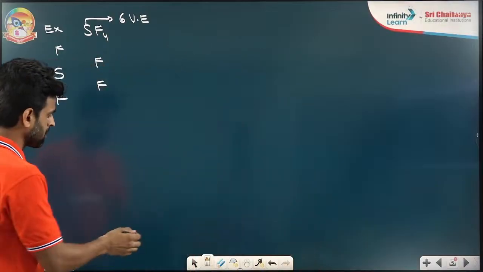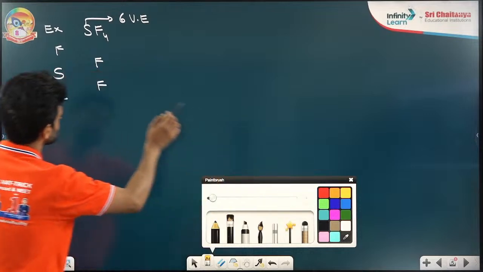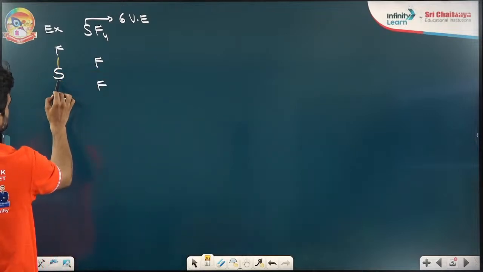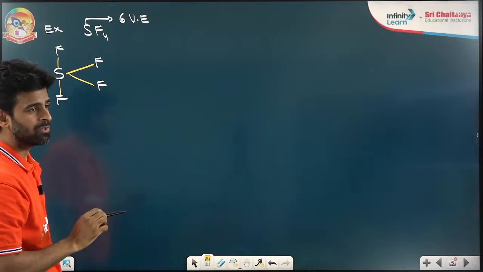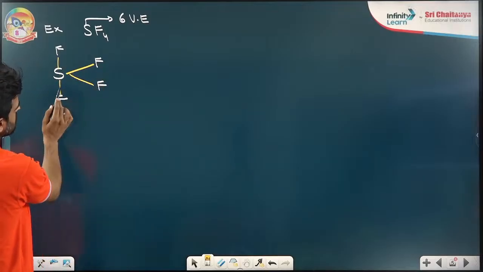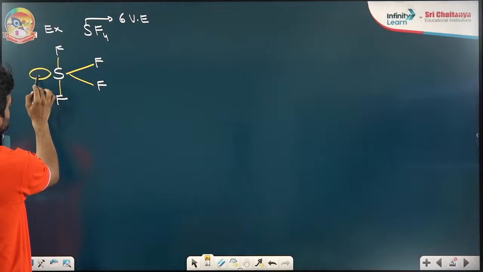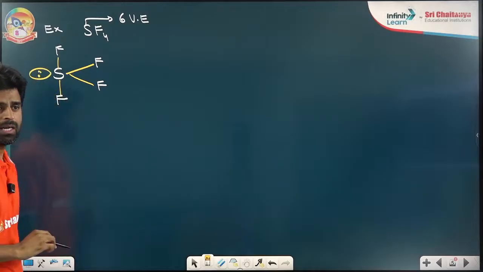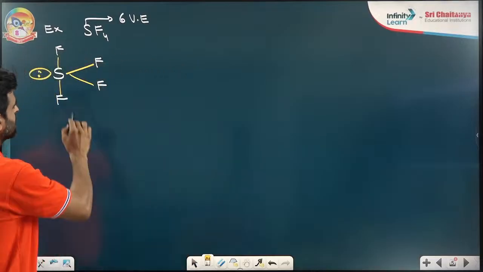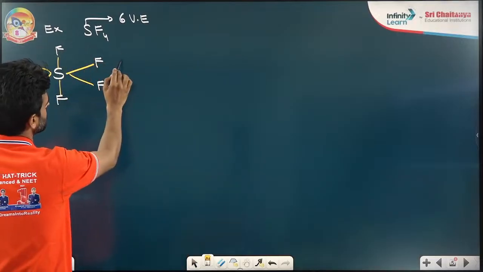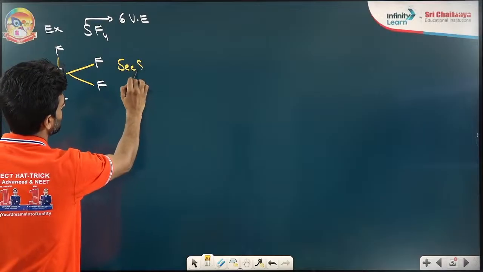So single, single, single, single, all sigma. Out of 6, 4 used, so 2 remaining, which gives a lone pair. Very good. If you look at the VSEPR theory, we can see from there that it is seesaw.